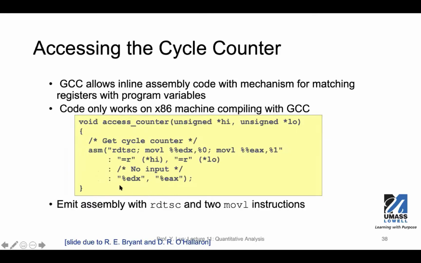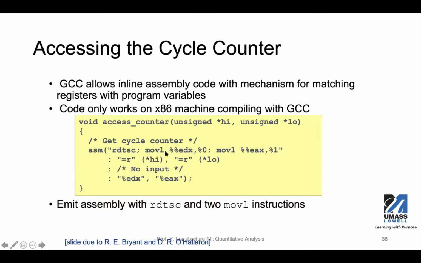And inside this API, you use the RDTSC assembly language instruction. You call this instruction, and it will retrieve the actual cycle number and put the number into EDX and EAX. And using this code, we essentially copy the number to these two memory locations.